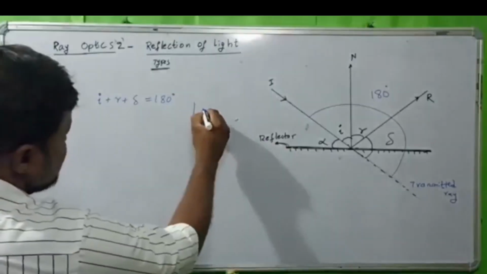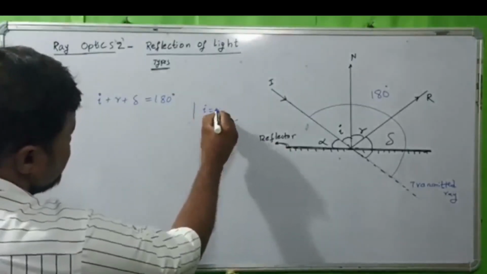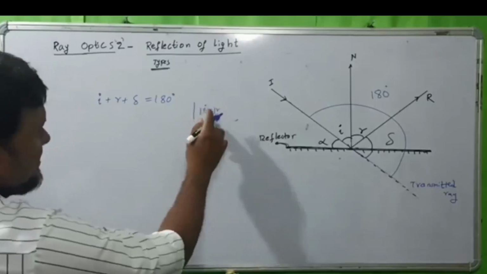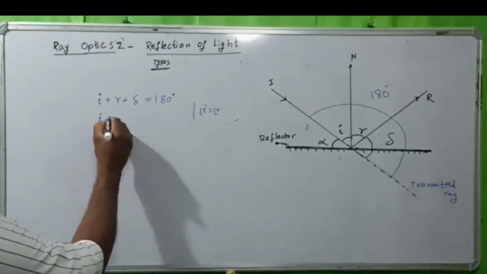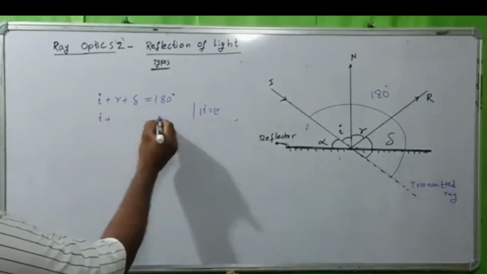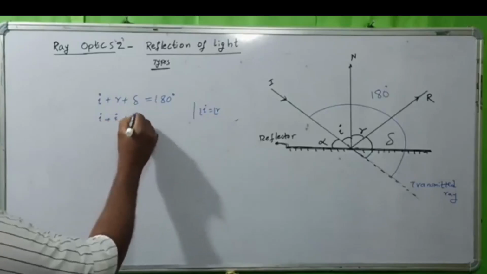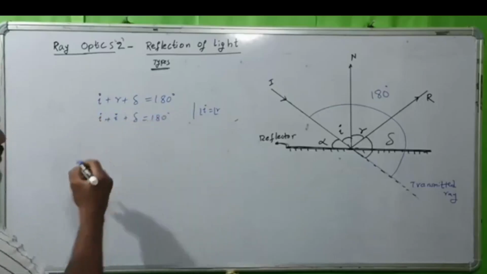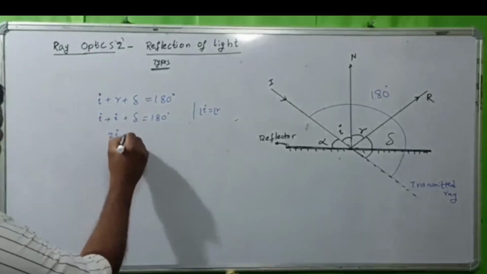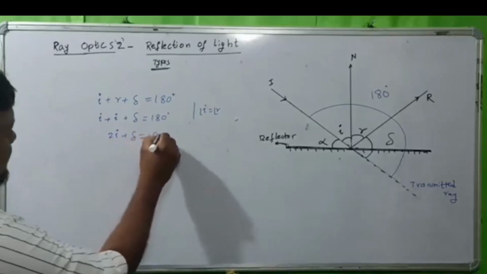Just now we discussed that angle I is equal to angle R. So can I write I plus, instead of R, I also, plus delta is equal to 180 degree. I plus I is 2I. 2I plus delta is equal to 180 degree.